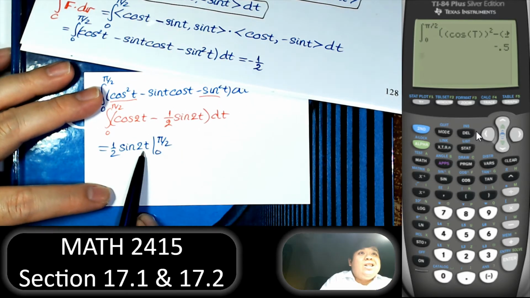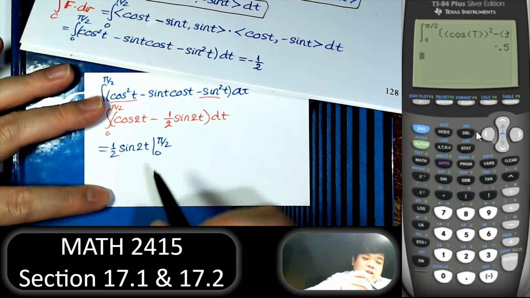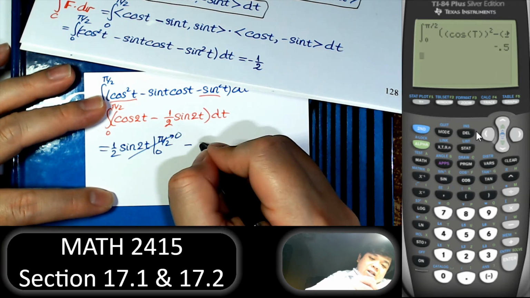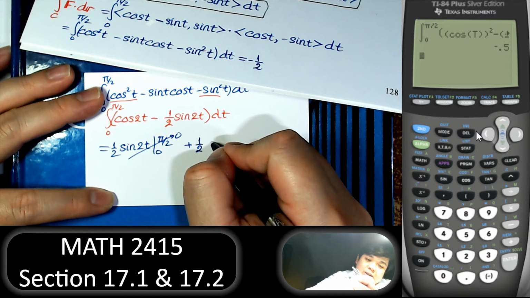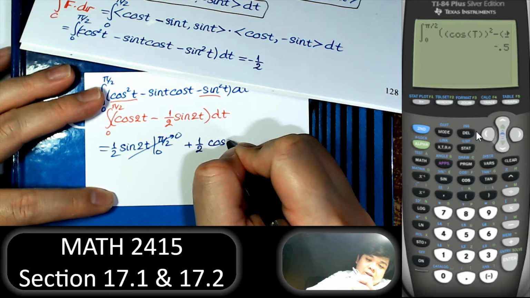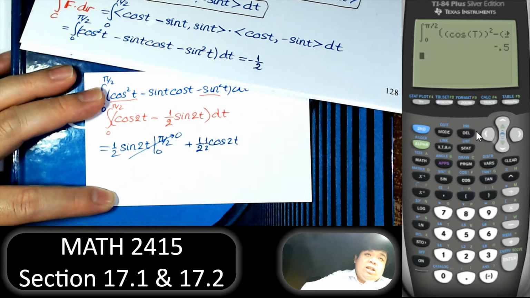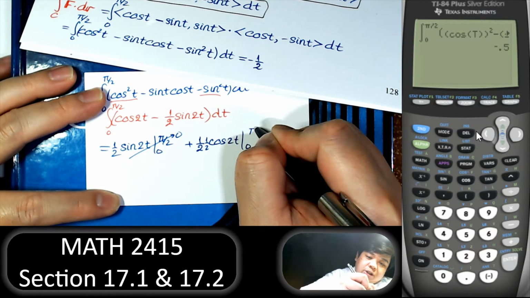Put pi over 2 here, sine of pi is 0, sine of 0 is 0, so this goes to 0. And integral of negative sine is cosine. And then we have to divide by the coefficient of t, so we have 1/2 times 1/2, and that again from 0 to pi over 2.